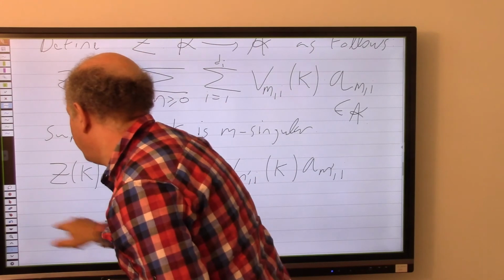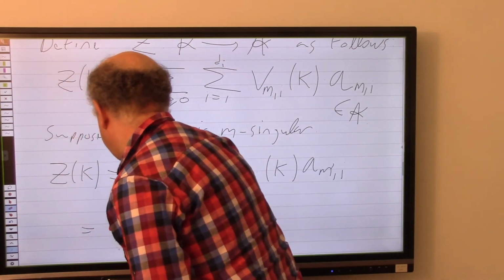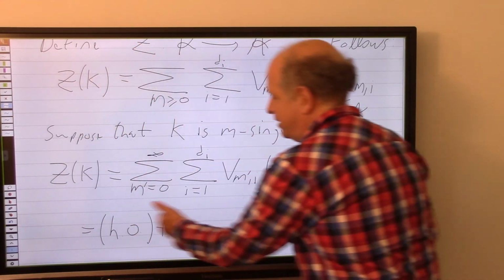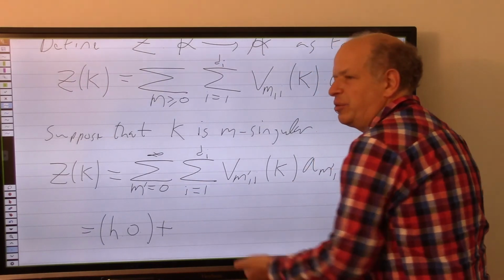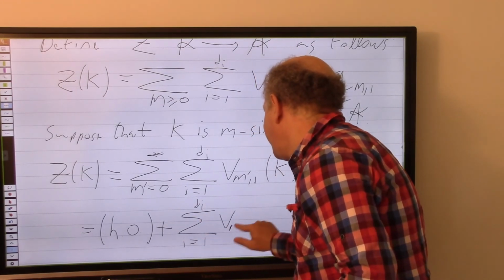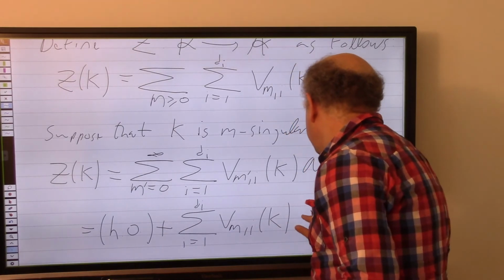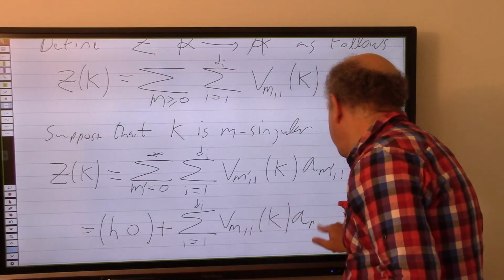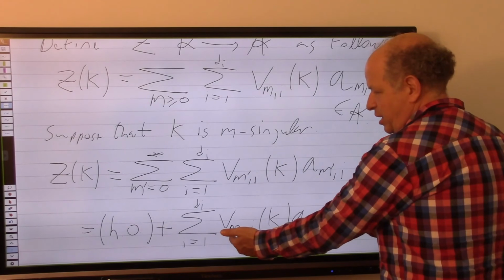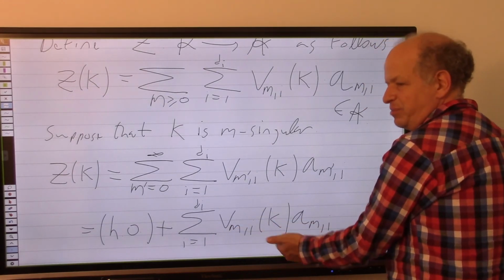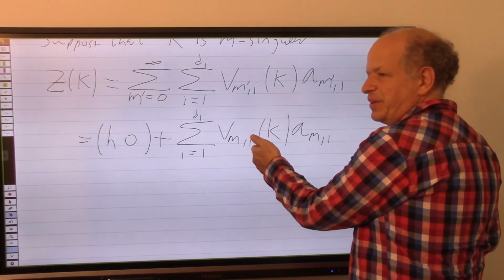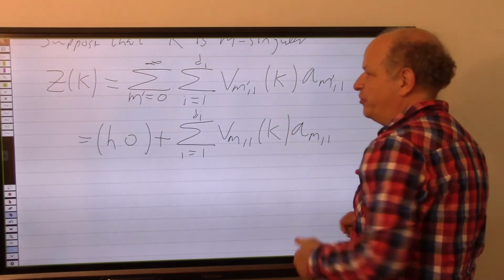So really, I can write the result as higher order terms that I don't care about, plus the term of exactly degree m, which is the sum over i from 1 to d_m of V_mi of K times A_mi. But V_mi is a degree m invariant, and I'm evaluating it on an m singular knot, so the result is just its weight system evaluated on the diagram of that knot.